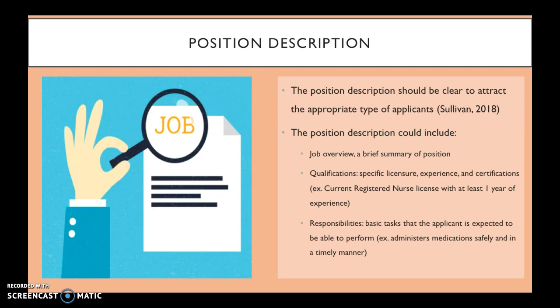It should also include personal experience and qualifications, and this may include licensure, certifications, and an example we have here is current registered nurse license with at least 1 year of experience. It should also include duties and responsibilities as well as tasks required to carry out those responsibilities. An example we have listed here: administers medications safely and in a timely manner.